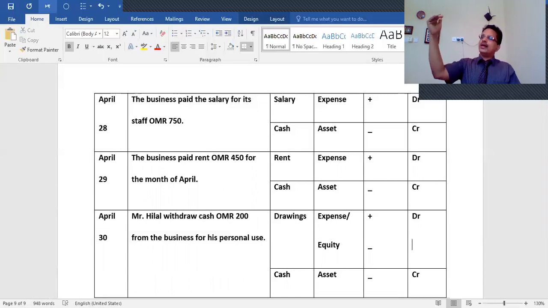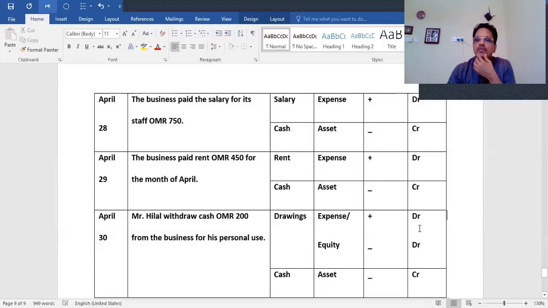Liability, equity and revenue: when increasing, they are credited, and when decreasing, they are debited. So whether drawings are considered a part of equity or capital, or an expense or payment as you do in Tally, the ultimate result, debit or credit, will be the same.